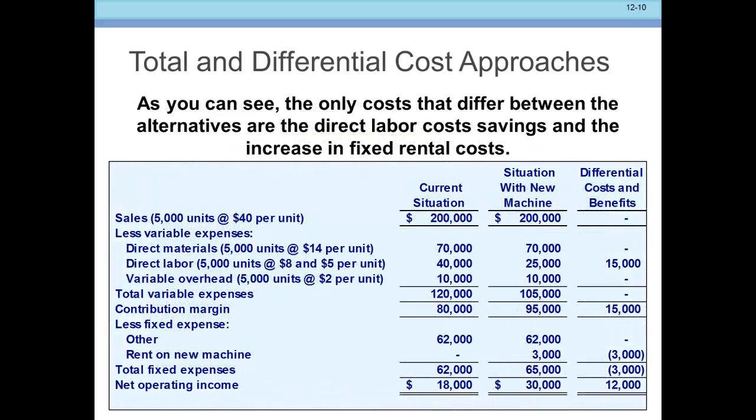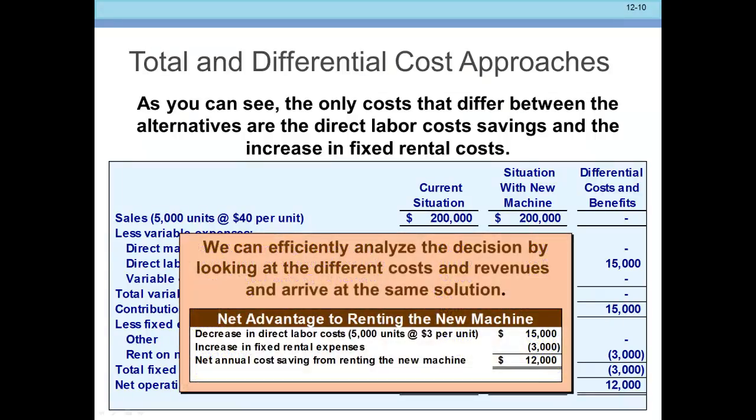But a quicker and easier approach would be to just consider the relevant costs and benefits, or the costs and benefits that are different between the two alternatives. The labor costs decrease by $15,000, and the rent increases by $3,000, giving us the same cost savings as we calculated before, $12,000.